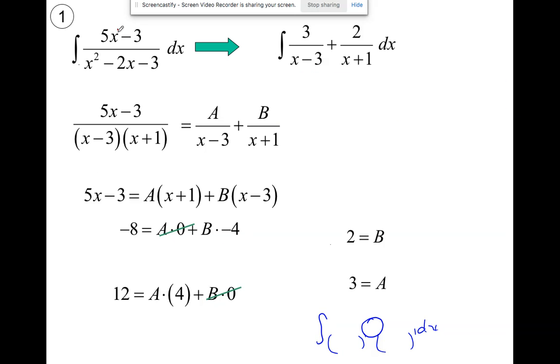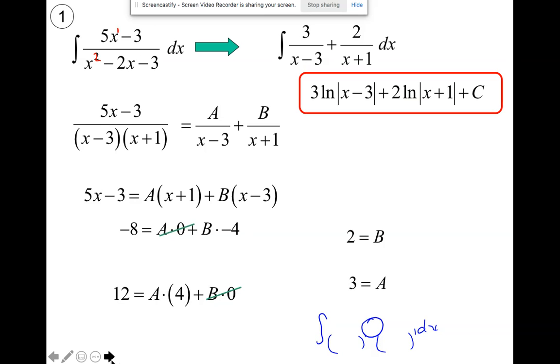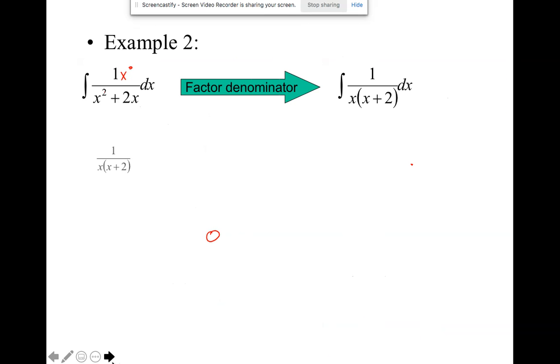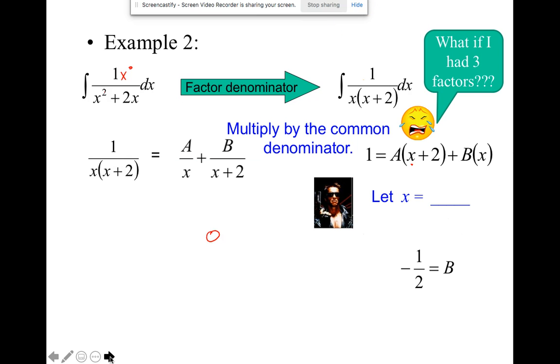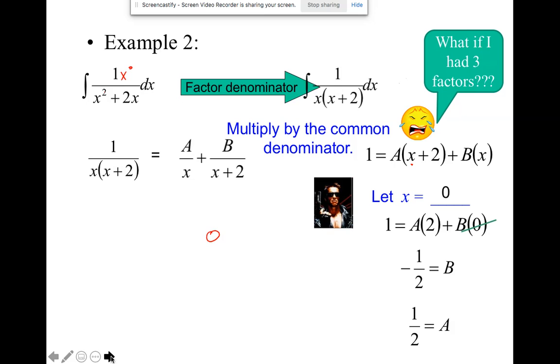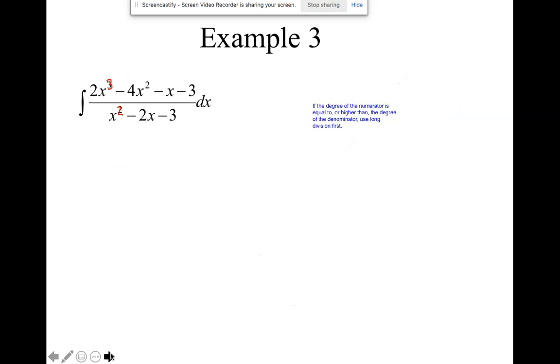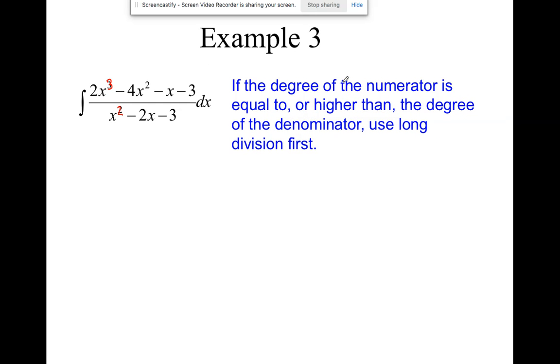Example 1, power of 1 in the numerator, power of 2 in the denominator. The denominator was the most powerful. For partial fractions to work, the degree of the numerator must be lower than the degree of the denominator. If it's not, I just have to do algebra 2.